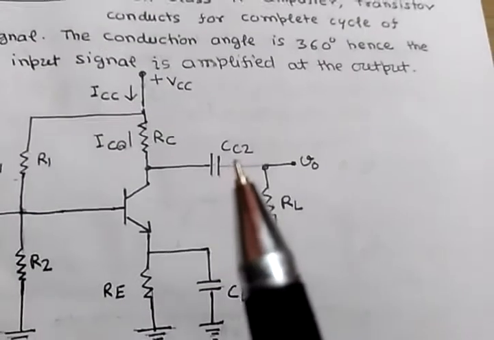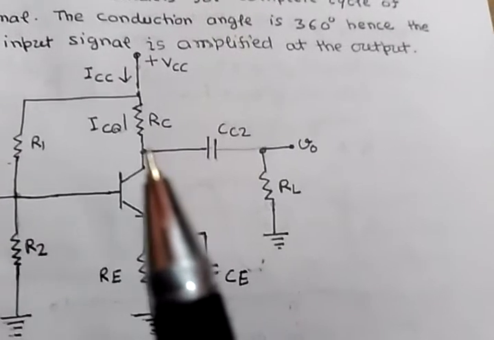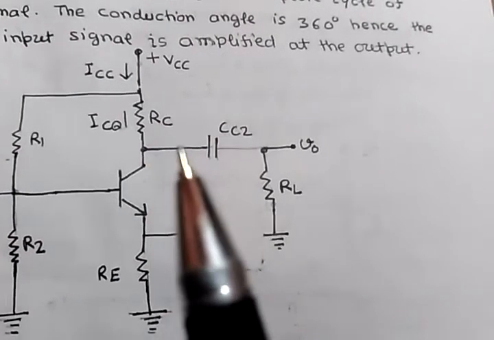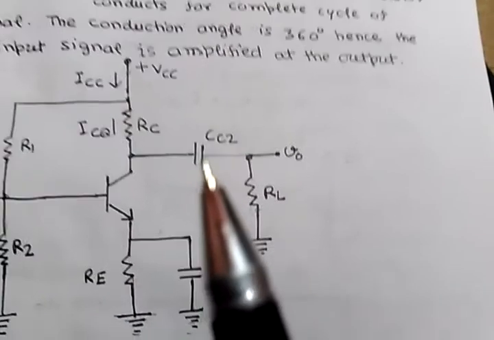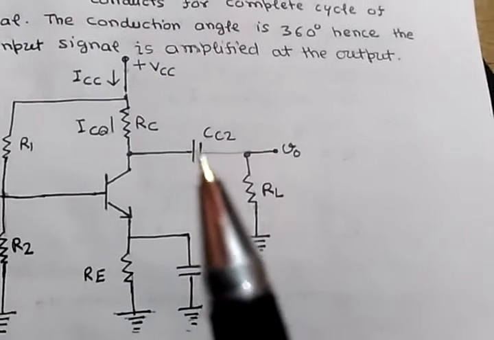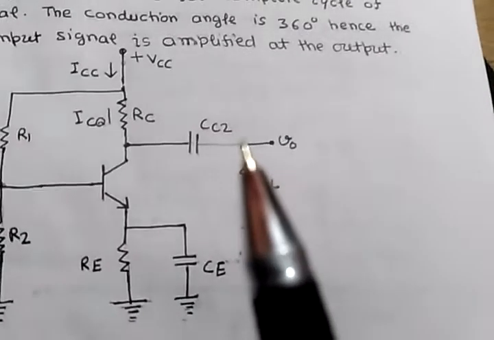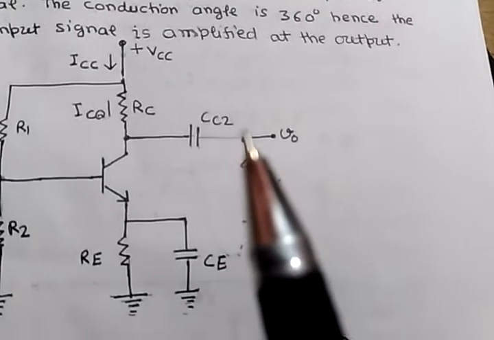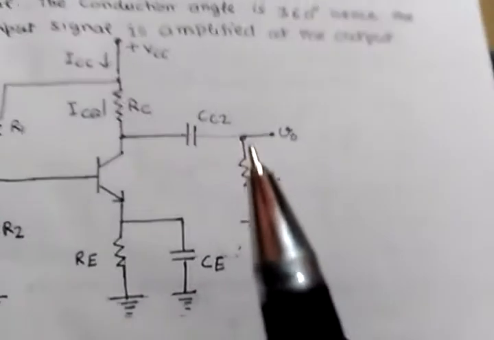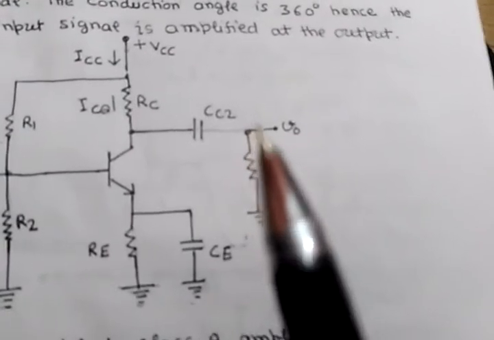Similarly, the coupling capacitor CC2 blocks the DC signal present at the collector. The DC signal present at the collector will be prevented by coupling capacitor CC2 from reaching the output. At the output we will get only the signal collector current, which is the amplified version of the input current.